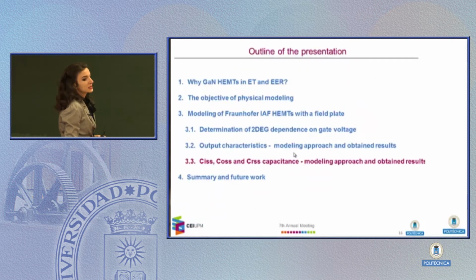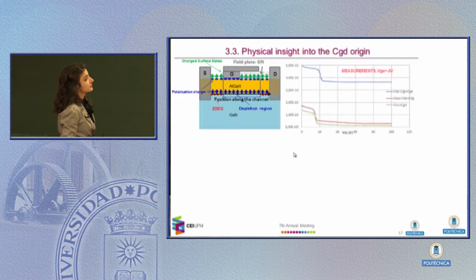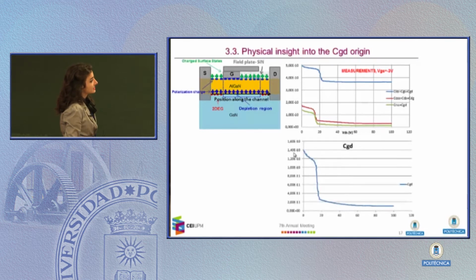So let's move to the capacitances now. Capacitances were quite challenging since we didn't know where to look for their origin. First of all, we started to analyze the measurements that were performed at the University of Valencia. We analyzed first the gate-to-drain capacitance, also known as Miller's capacitance.